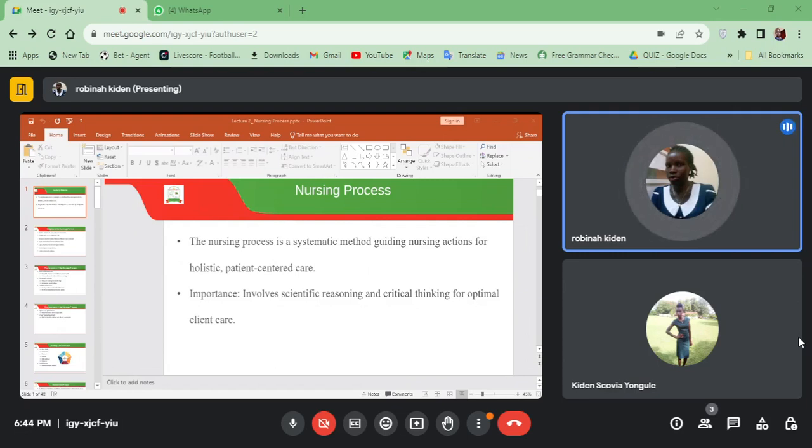So the care that we give when we use the nursing process is systematic, following a certain kind of order. Then create a client health database that we can refer to in case we need more information about the care that we are giving to the patient.